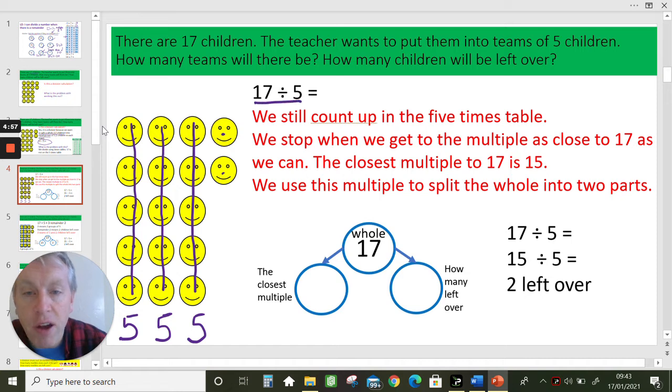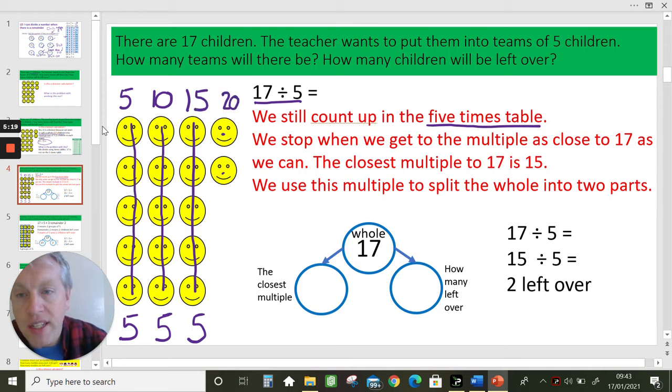When we do 17 divided by 5, look, we're still counting up in the 5 times table. We're still using our times tables. If we counted up now, we'd say 1 times 5 is 5, 2 times 5 is 10, 10 children, 3 times 5 is 15. If I said 4 times 5 is 20, I can't say 20 because I haven't got 20 children.